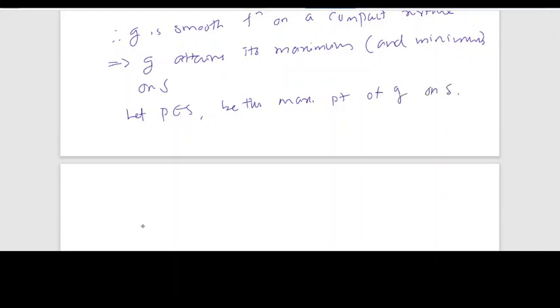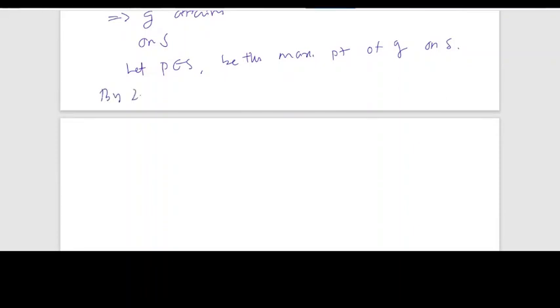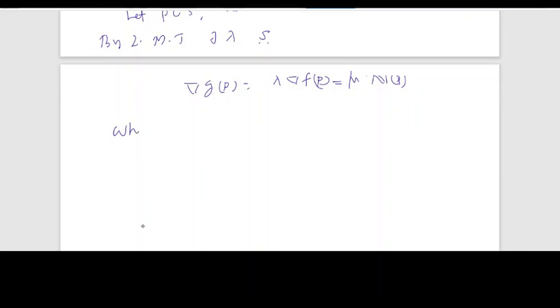Now by the Lagrange multiplier theorem, there exists a lambda such that del g of P equals lambda del F of P, which is equal to mu N of P, where mu is equal to plus or minus lambda into norm del F of P. So what is this norm of lambda del F of P?